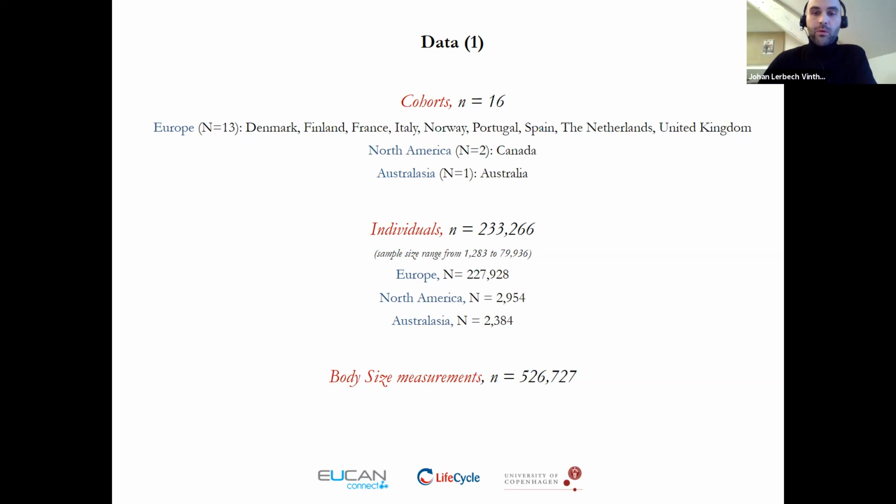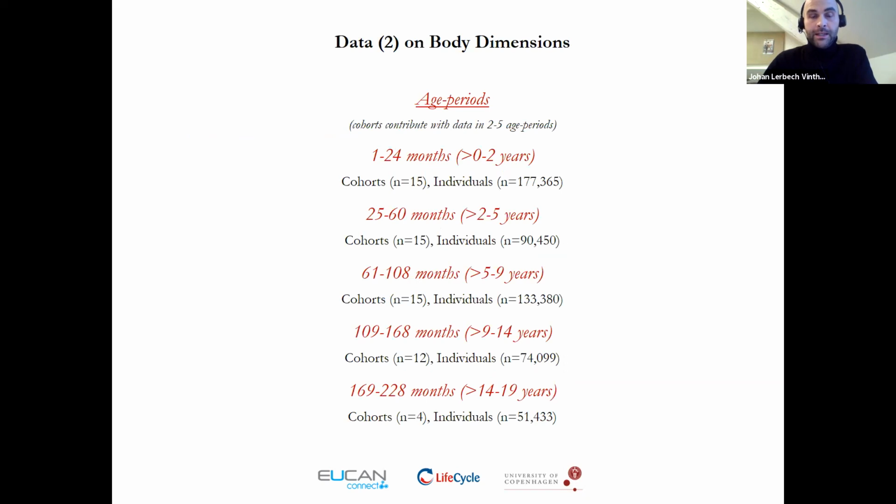In total, I have more than 500,000 measurements of BMI. So that's quite unique for this study. As you see, and as said, the outcome is BMI and overweight obesity at five different age periods, and the cohorts contribute with data in two to five age periods.